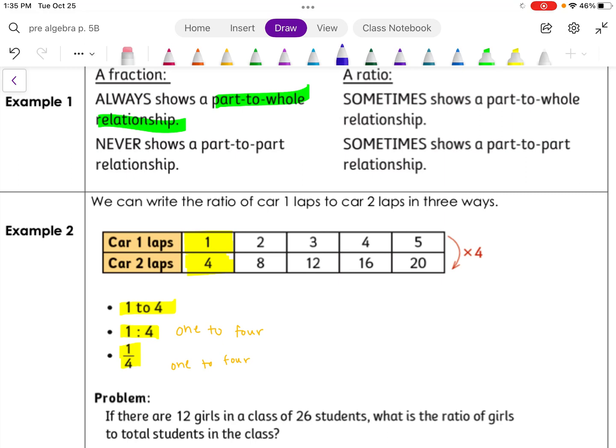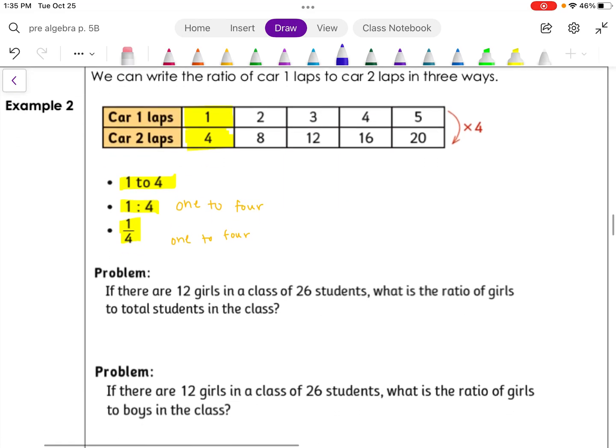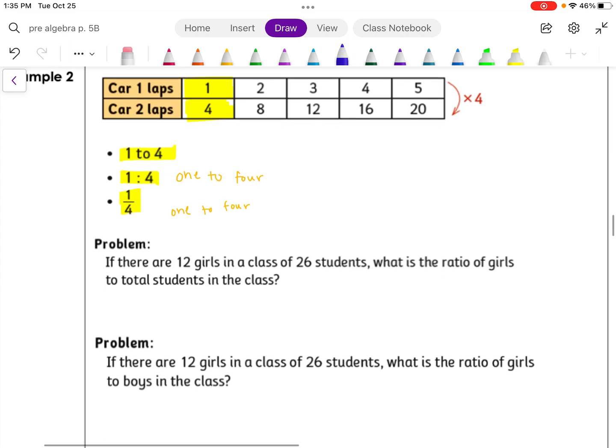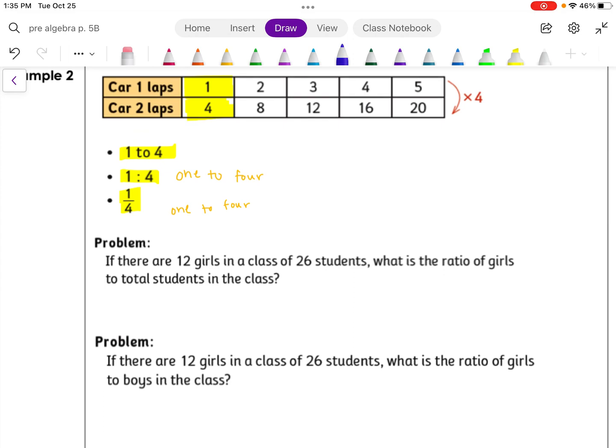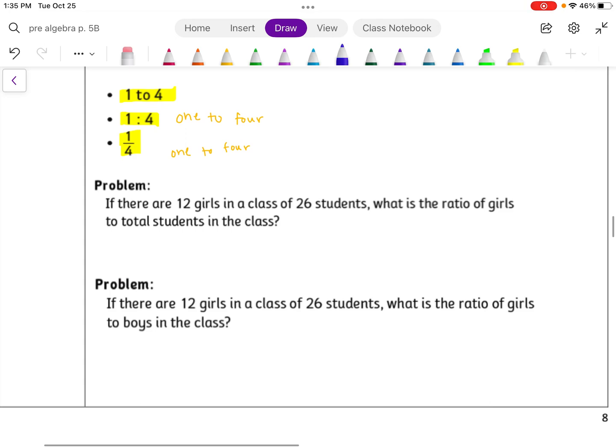So this is just a lot of vocabulary right now. Let's look at a couple of examples so we can really understand what notation is appropriate for these situations. Looking at our example 2 here, here's our problem. If there are 12 girls in a class of 26 students, what's the ratio of girls to total students in the class?